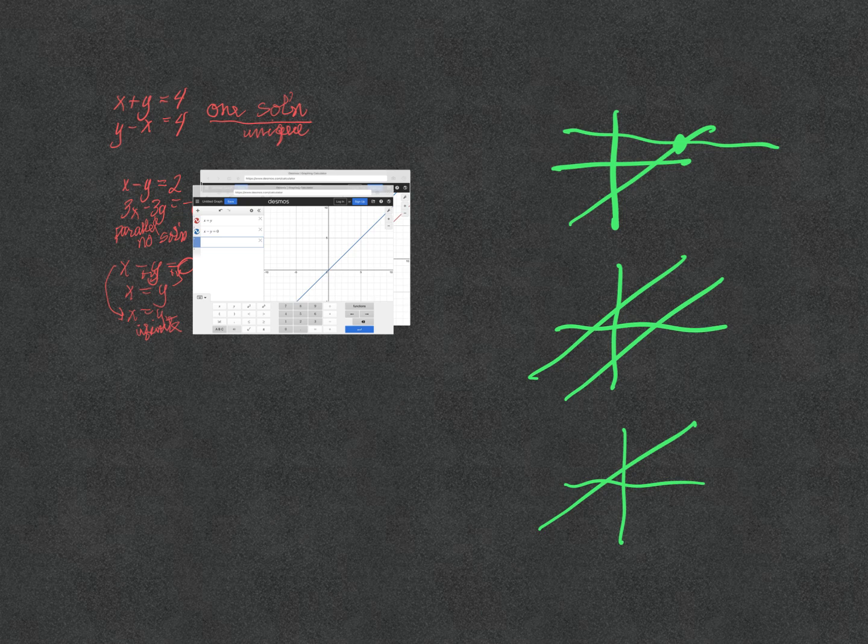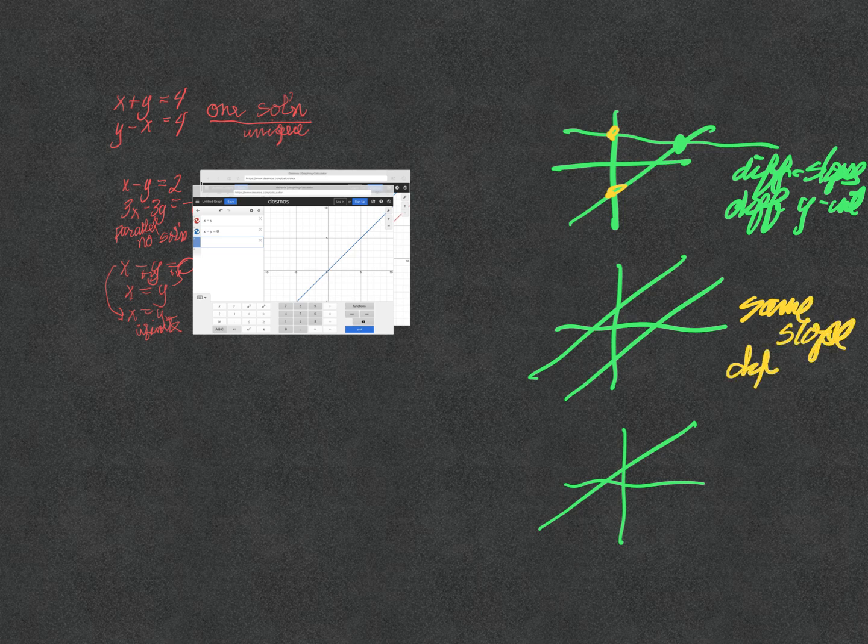Now, the big difference here is that in the first case the two lines have different slopes and different y-intercepts. And you can see that from the graph. If you look, here are their y-intercepts, and you can see their slopes are different. In this case, they have the same slope but different y-intercepts, okay?